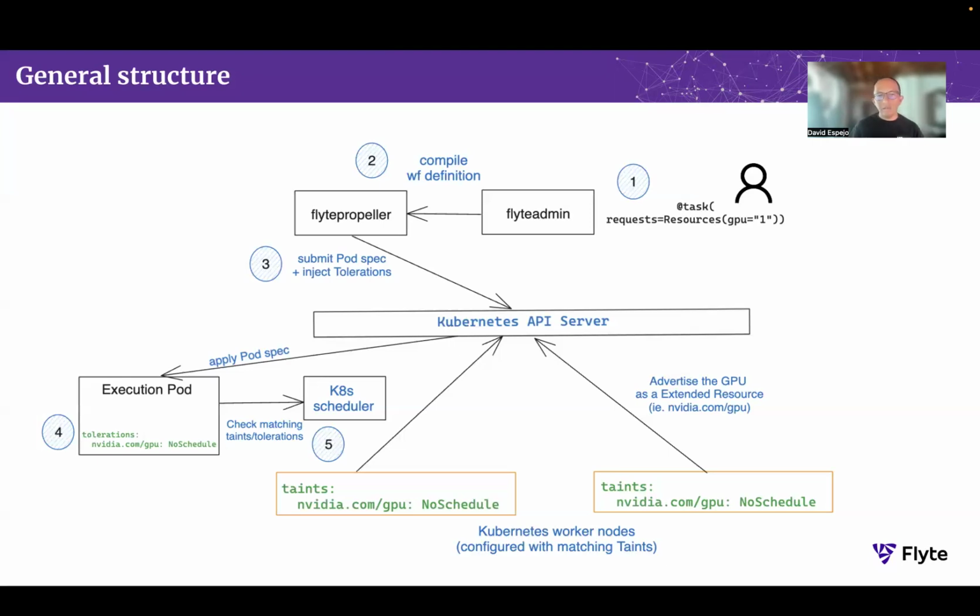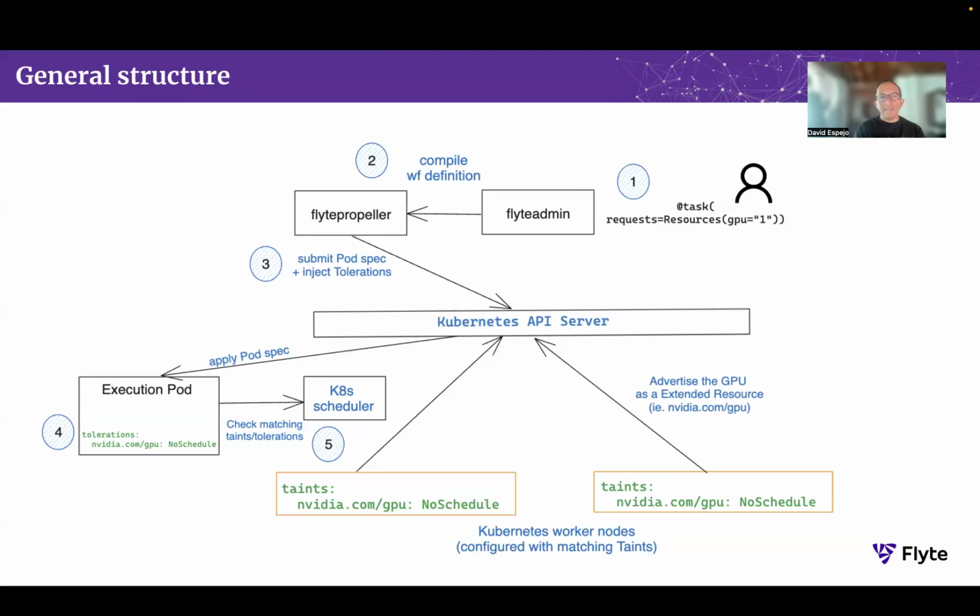I will touch a little bit on this in the presentation. Then the Kubernetes API server applies the pod spec, including the toleration, and then the scheduler will see if there are nodes, or at least one node with available resources and a matching taint or a matching configuration to finally run the pod there. That's it.